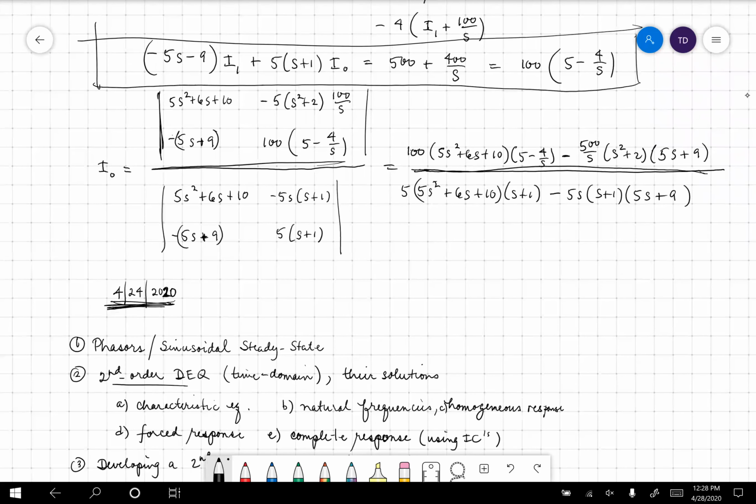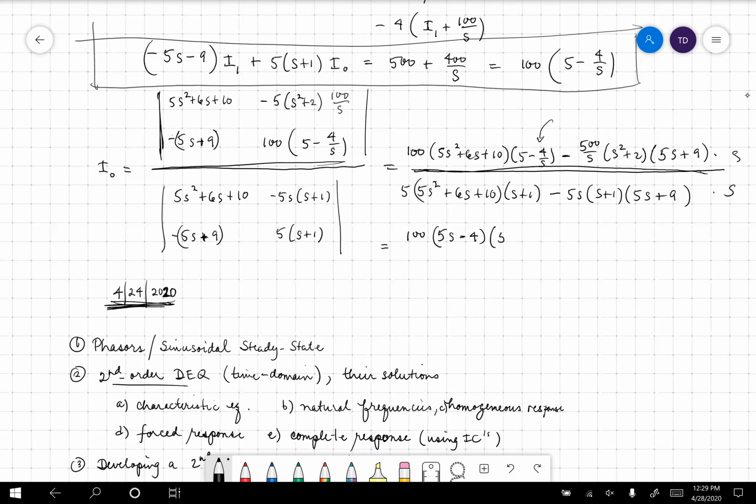Okay, so just carrying through on this here. Let's multiply by s over s here. We'll just get an extra s term in the bottom. This will give me the following. It's 100, and this is going to give us 5s minus 4. So I'm just going to multiply the s in the top through that term, s over s.